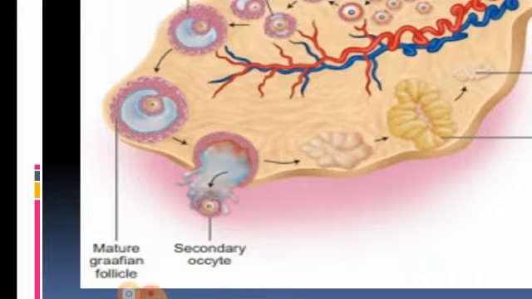Luteinizing hormone. Both FSH and LH are produced by whom? Pituitary, under the influence of hypothalamus. Good, you have remembered. So under the influence of follicular stimulating hormone only, your Graafian follicle will be matured. So primary follicle, secondary follicle, tertiary follicle will become a mature Graafian follicle.